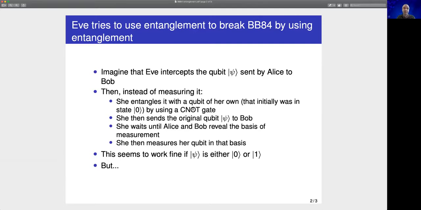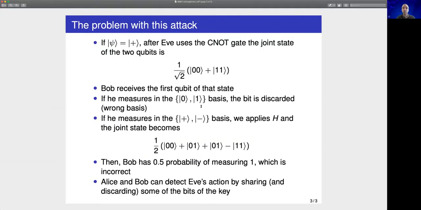But remember that randomly, Alice can also choose to encode her bit in the plus-minus basis. She does not always send the qubit in the 0-1 basis, which would be equivalent to sending classical information, but she also uses this conjugate coding in order to send the information in a different basis.